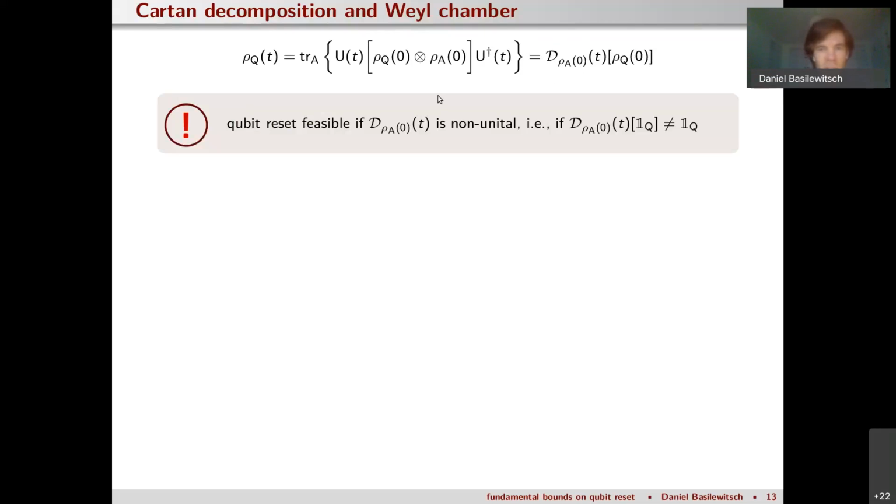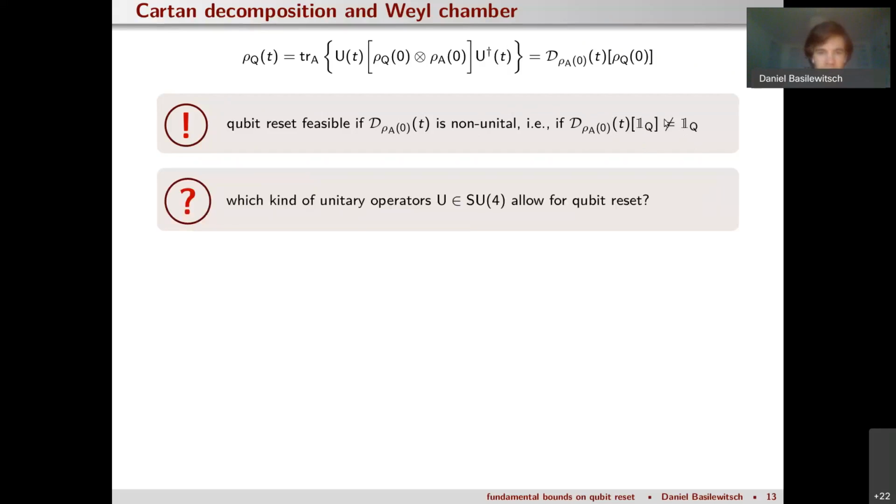And there's a simple quantity that you can check, namely non-unitality. You can show that you can perform a qubit reset exactly when the dynamical map is non-unital, and non-unitality means it's not mapping the identity operation to itself. So we simply have to check this quantity. We want to ask for which kind of operators the dynamical map is non-unital, because it enters via this equation here.